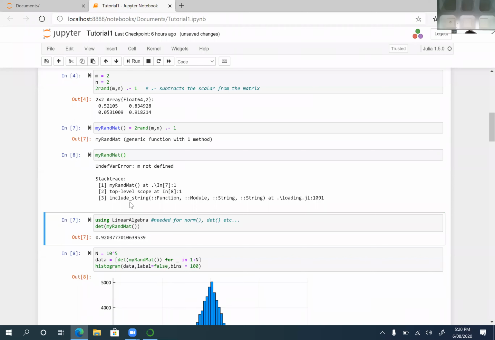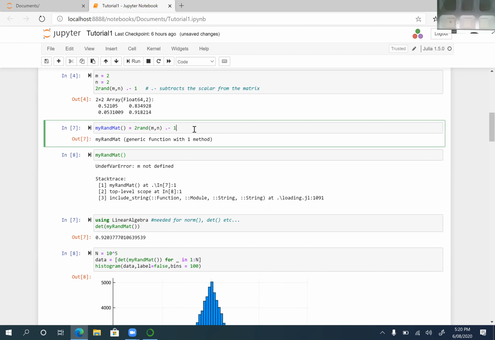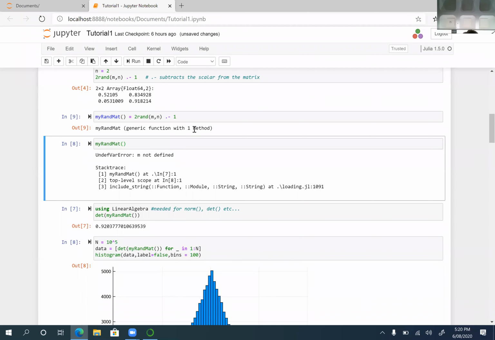Okay, M not defined. What's going on here? All right, I'll try that again. Maybe I've missed loading a package up here.